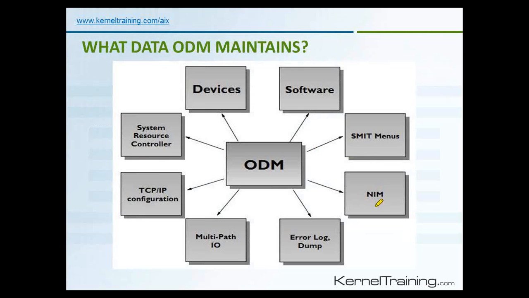Now, what is the information that is maintained inside ODM? As I have already discussed one more time. First thing, devices information. Second thing, all the software information, SMIT menus, NIM information. NIM stands for Network Installation Manager.